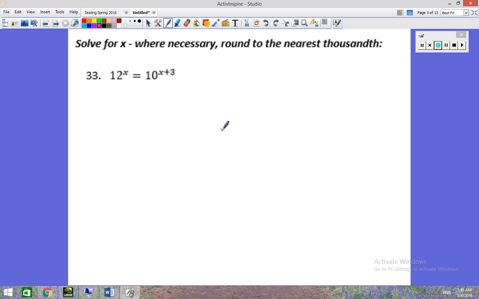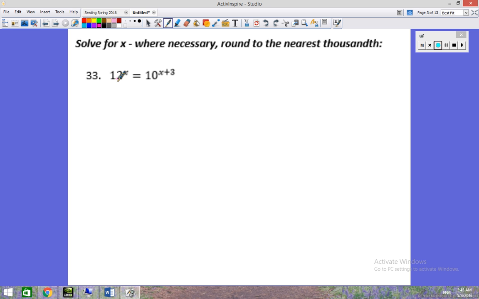All right, so here we have our variables on both sides, and so we really can't get the variable by itself. We cannot rewrite 12 as some integer raised to a power, nor can we write 10 as some integer raised to a power.